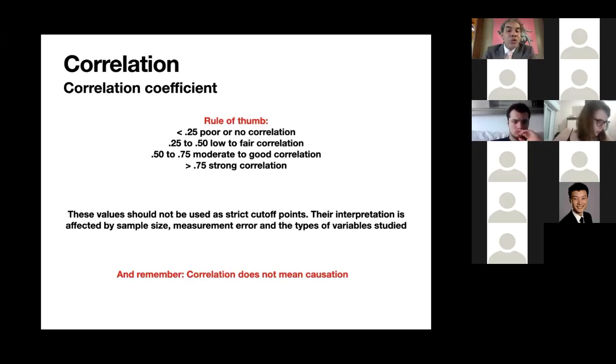These values should not be used as strict cutoff points. Their interpretation is affected by sample size, measurement error, and types of variables studied.